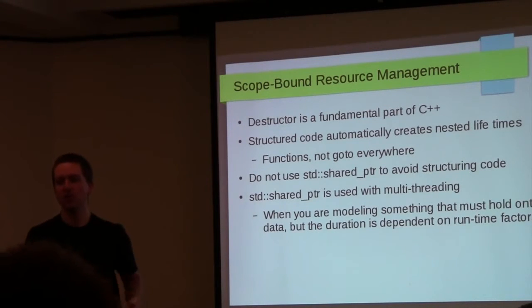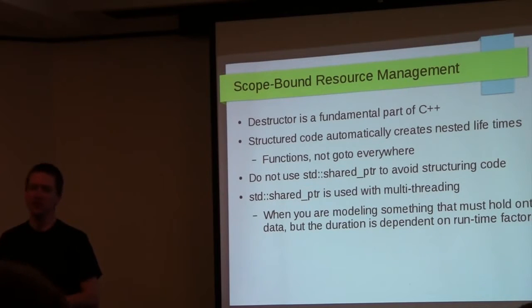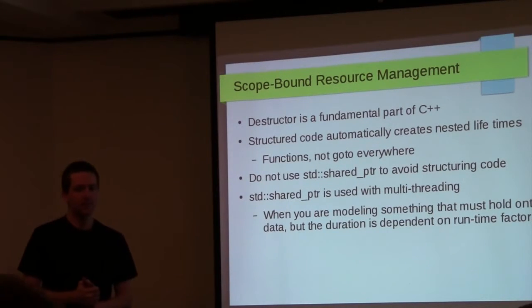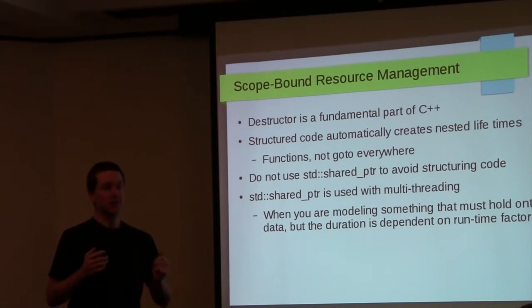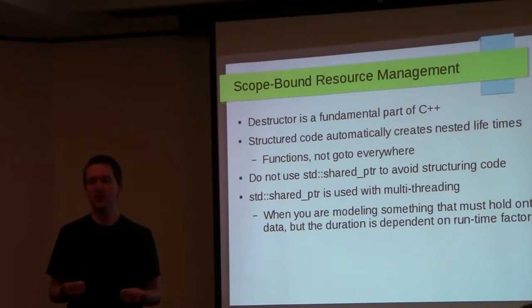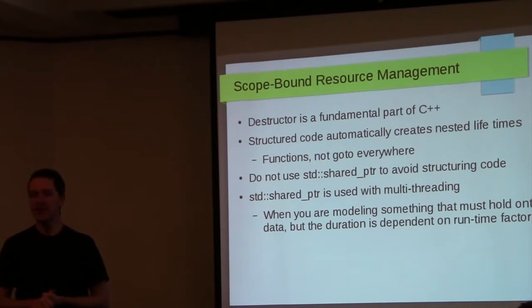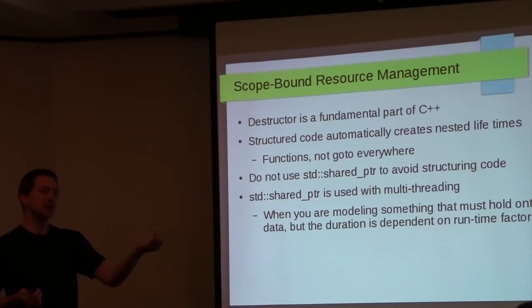The one situation where I do recommend shared pointer is in multi-threaded code. That is the reason for its existence. For instance, you could be modeling something that must hold on to data, but the duration is dependent on runtime factors. A concrete example would be maybe you are listening to a data stream.